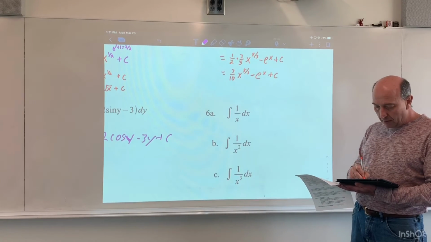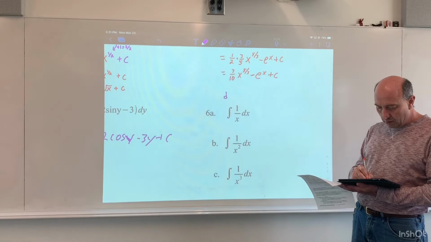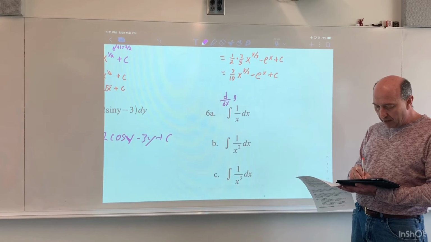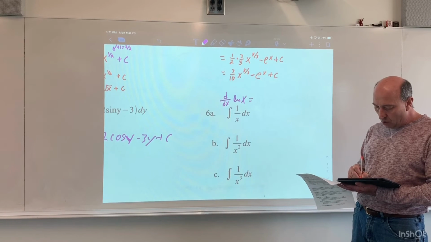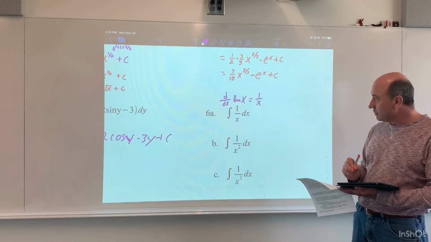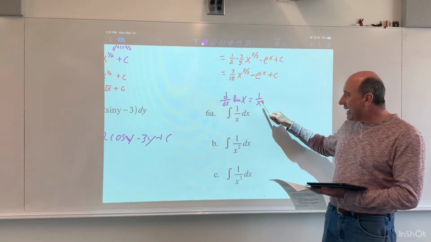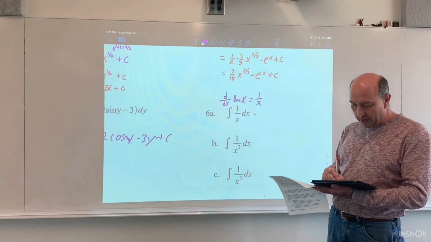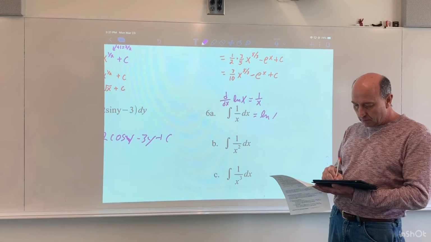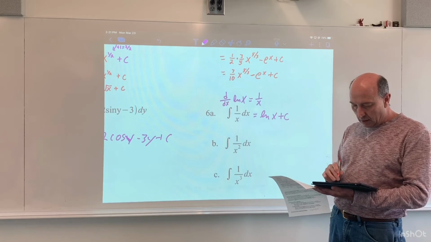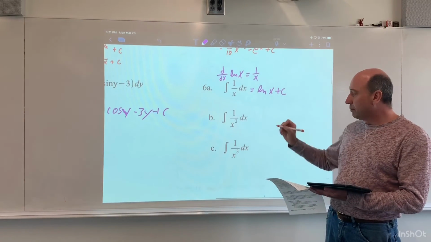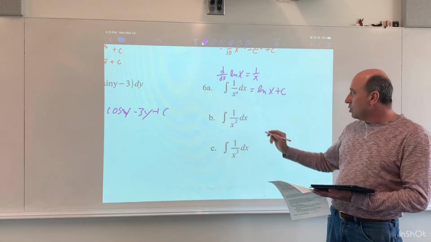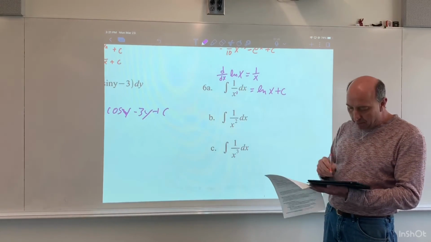If you remember, the derivative with respect to x of the natural log of x was 1 over x. So therefore, the antiderivative of 1 over x would be the natural log. Okay, the rest of these problems, you want to flip to the top.